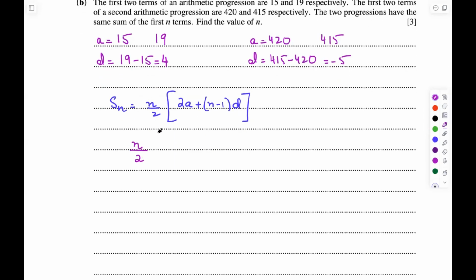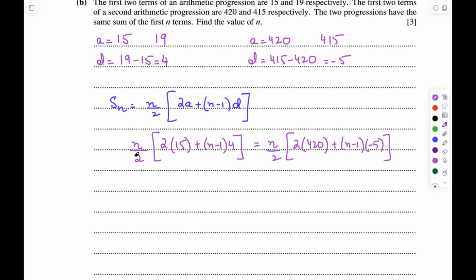This will become n upon 2 in bracket 2 into a, which is 15, plus n minus 1 into d. The common difference for the first progression was 4, and it will be equal to the sum of the n terms of the second progression. For the second progression, this will be n upon 2 into 2a, a is 420, plus n minus 1, and the common difference is minus 5.